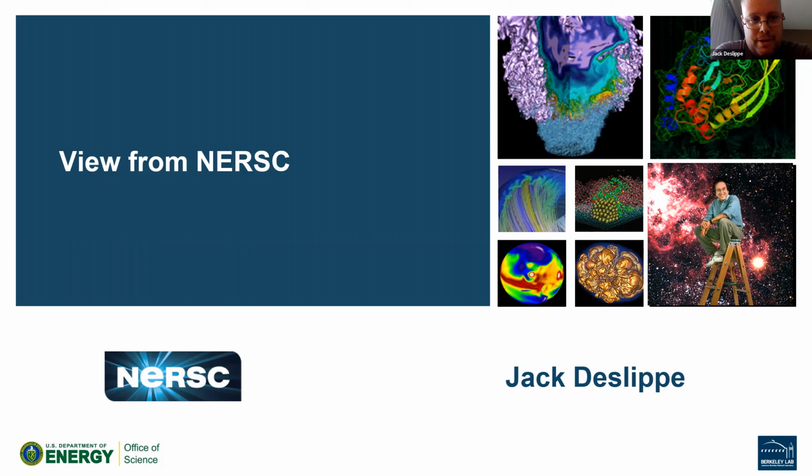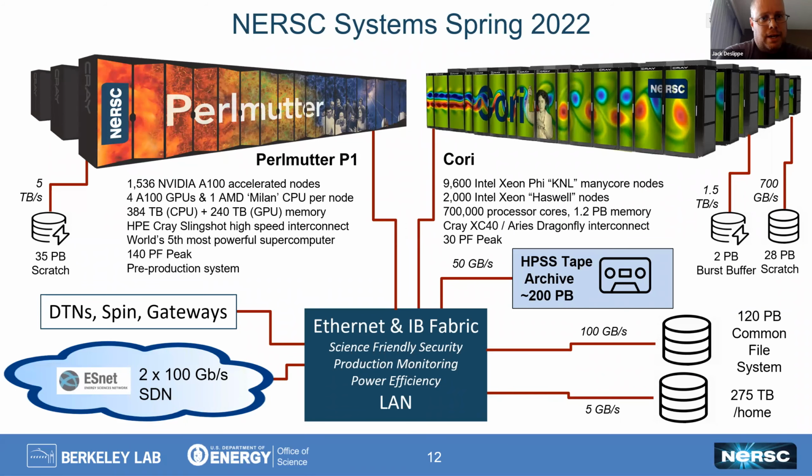Okay, thanks. I'm Jack Deslippe, representing the NERSC arm of this presentation. Why don't we go ahead and go to the next slide, David? Right now at NERSC, we have two systems in production, and the one that a lot of you in ECP have been getting on and testing your applications and libraries on is Perlmutter.